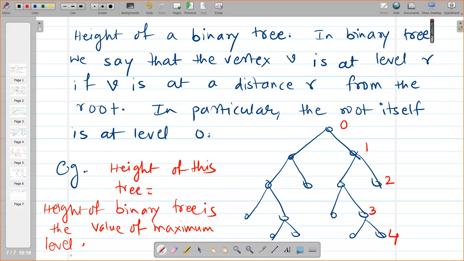What is the value of the maximum level in this tree? 4. So the height of this tree is 4. Do you understand it? Yes, ma'am. How many vertices are there? 1, 2, 3, 4, 5, 6, 7, 8, 9, 10, 11, 12, 13, 14, 15 vertices are there. Okay, 15 vertices.